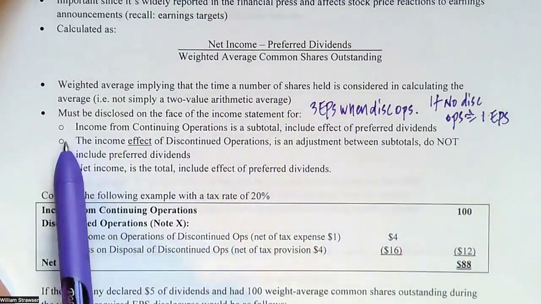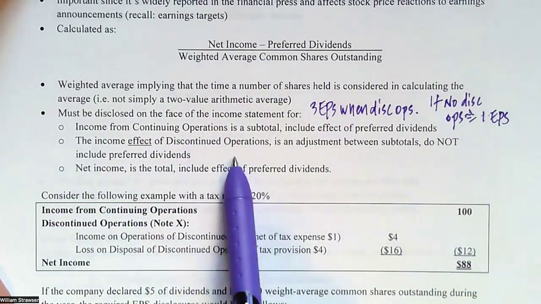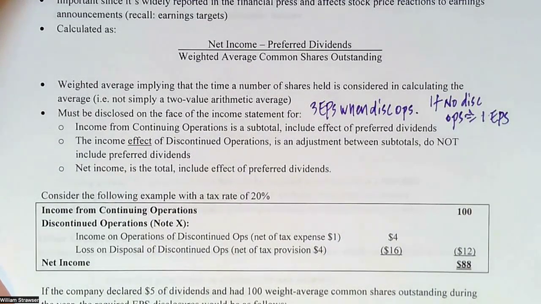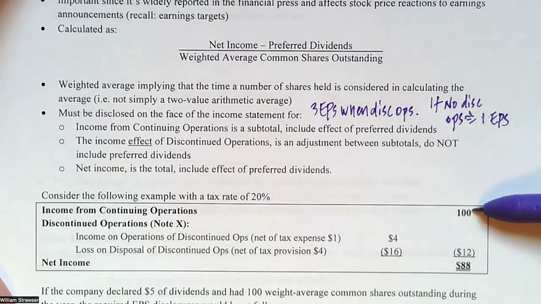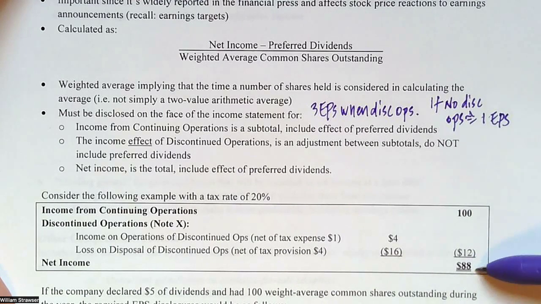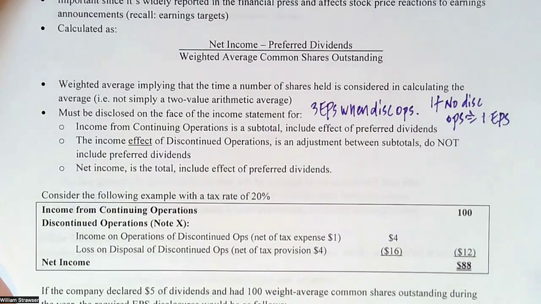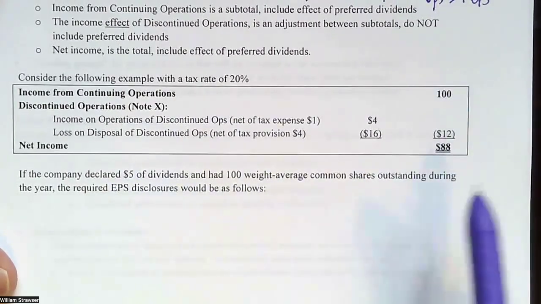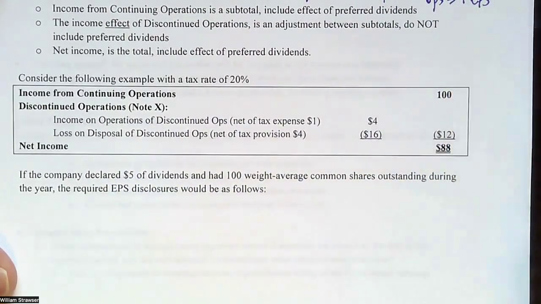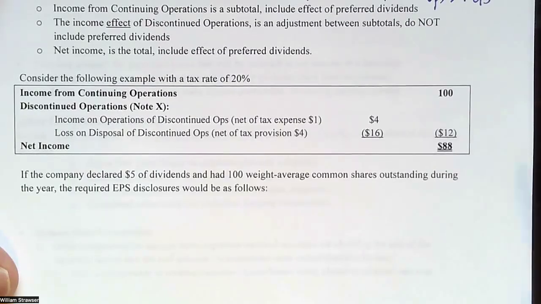The third one, this one in between, is the effect of discontinued operations. And because that's an adjustment from one subtotal to another, from income before discontinued ops to net income, that one does not consider preferred dividends in its calculation. So let's look at how this disclosure, I'll just say we excerpt this from an income statement.